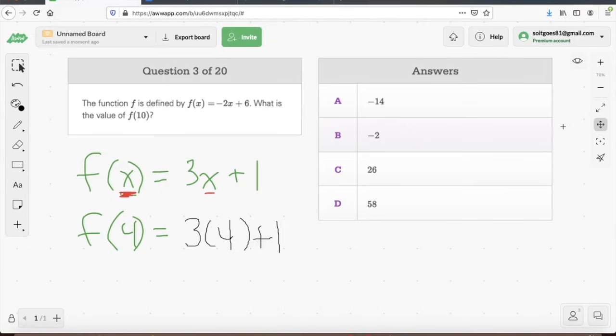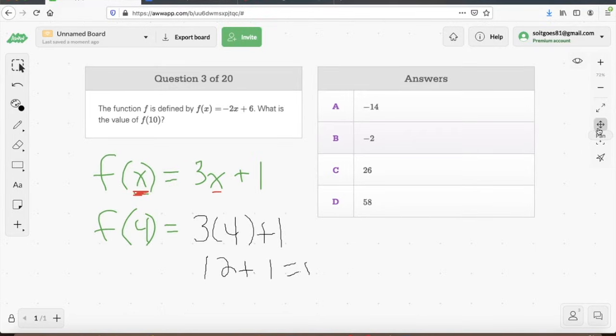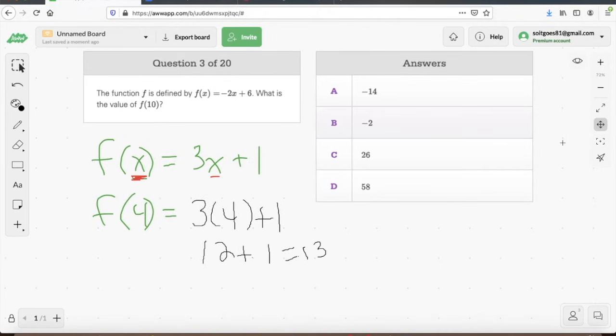Great. Looking good. Excellent. So you would say f of 4 equals 13.